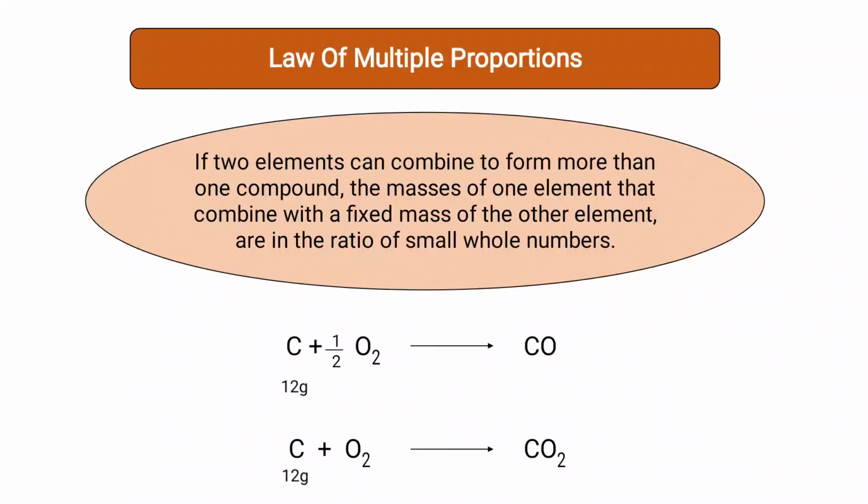So 32 divided by 2 is nothing but 16 gram. Whereas in the second reaction, the mass of oxygen is 32 gram, because 16 into 2 is 32 gram. Over here, carbon mass is fixed, that is 12, whereas oxygen has different mass in two different reactions.